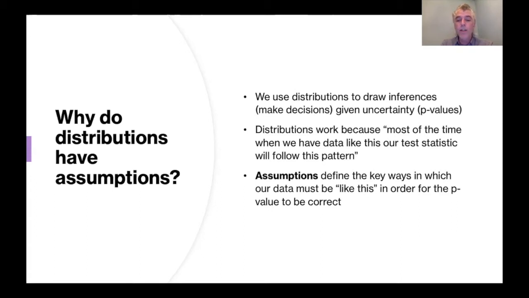But if we want this distribution to work for our data, then it's important for our data to look like the types of data that are appropriate for this particular distribution. And these assumptions then define the key ways in which our data must be like this particular distribution in order for the p-value to be correct.